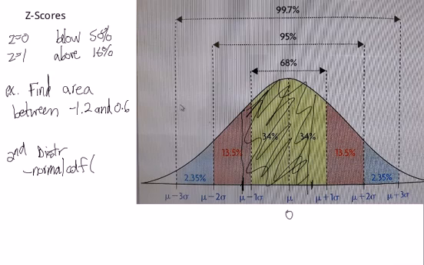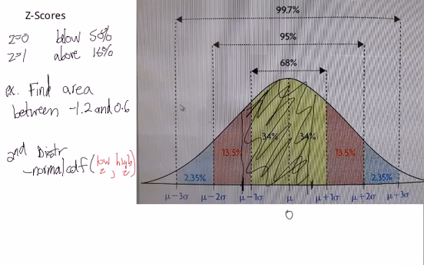If you have an older calculator, you will just type in normal CDF, and then we put in our low z-score first, and then we put in the high z-score second, and just hit enter.